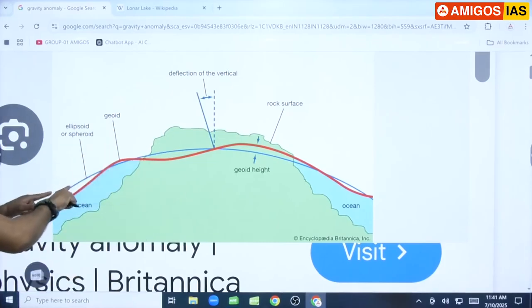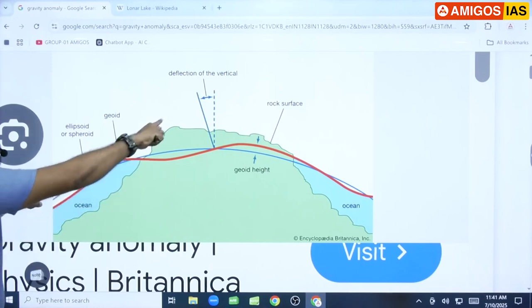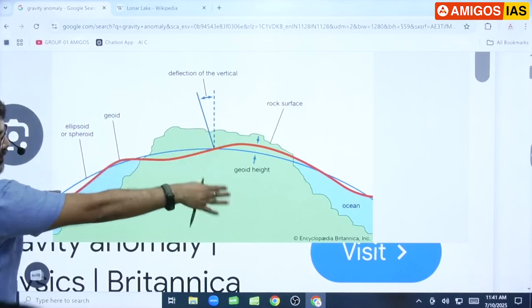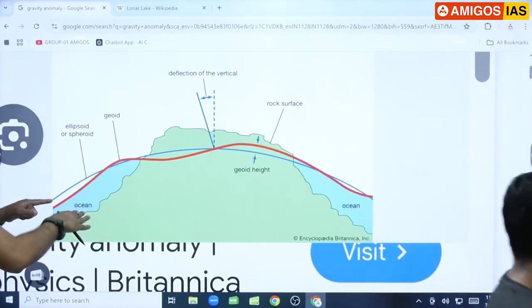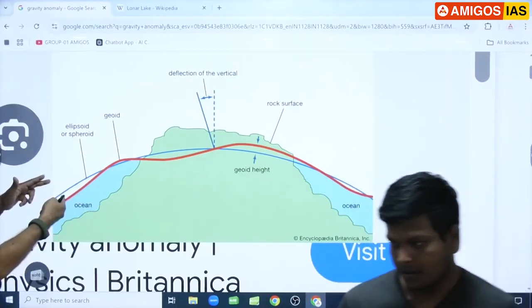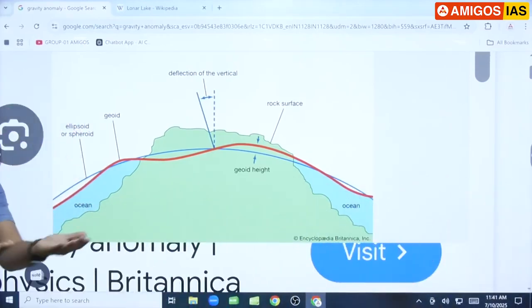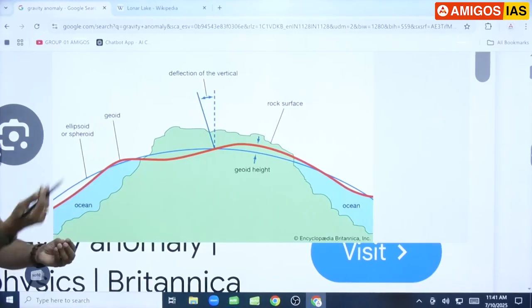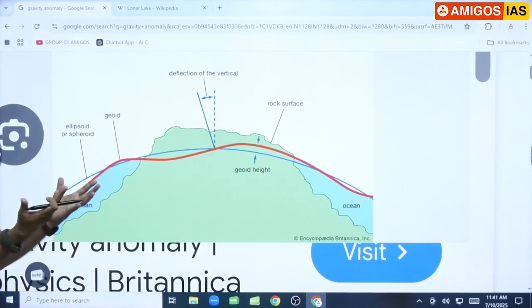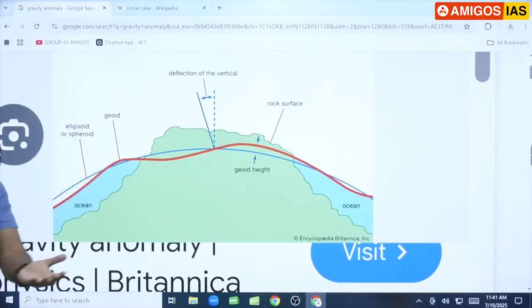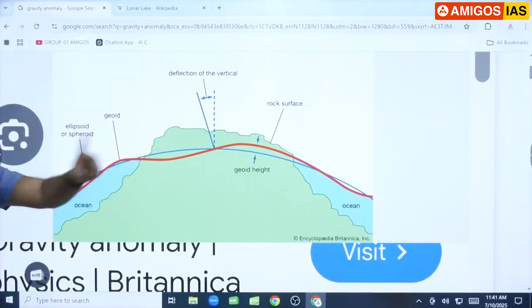That is considered as the normal. But actual shape of the Earth is like this. You notice this variation of the Earth surface. Ups and downs it will go. Okay. Next, see the geoid. Geoid is what we imagine Earth to be. Correct? Now, when I show you the actual image of the Earth, you'll be shocked. What we imagine Earth to be and what actually it looks like is different.